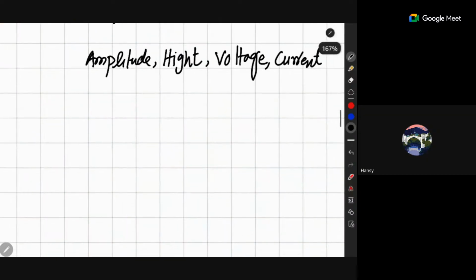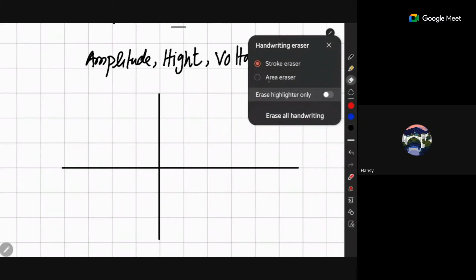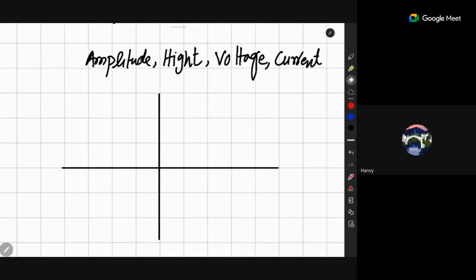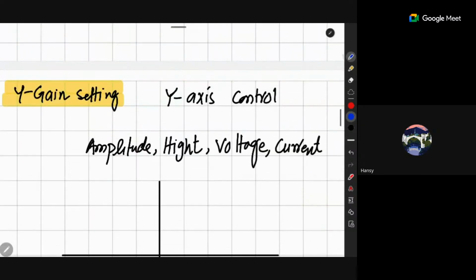So, for this purpose, if I have a wave and I just want to draw a simplified wave, for example, if the y gain setting is given to you, if y gain is 5 volts per division. My son, it's quite simple, it means that one division is equal to 5 volts.